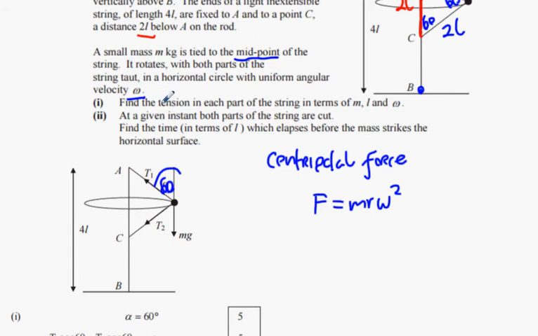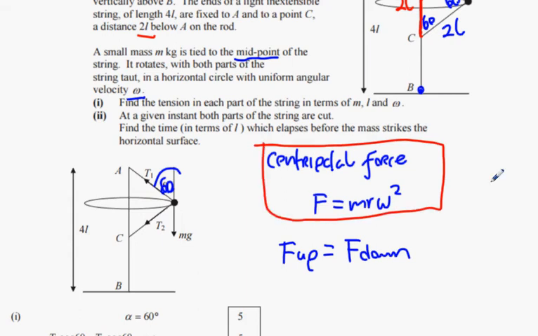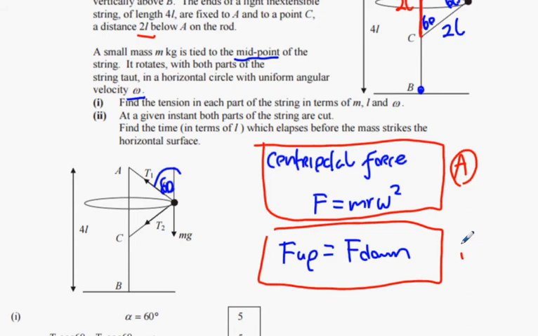So that's my choice. I'm also going to use what goes up equals what goes down. So there's two equations coming from that. So that's A and that's B. Now, choose either one to start off with.